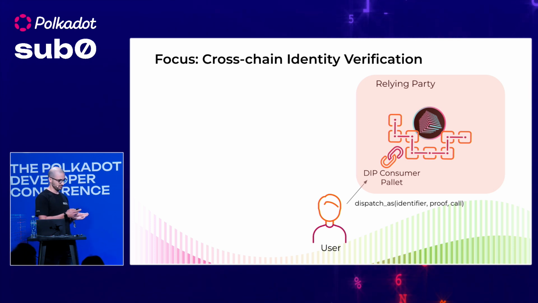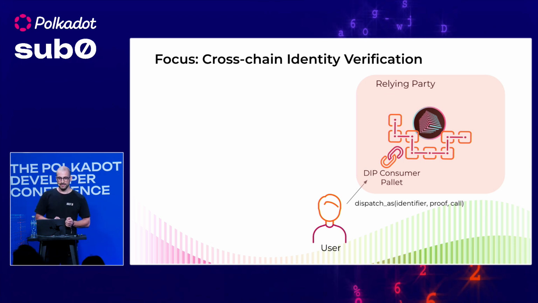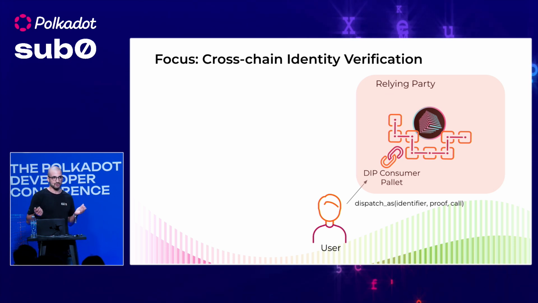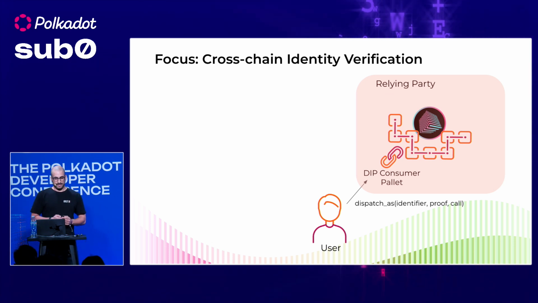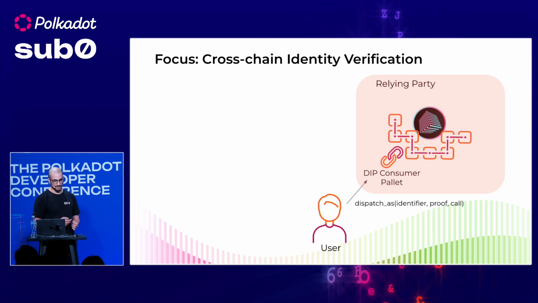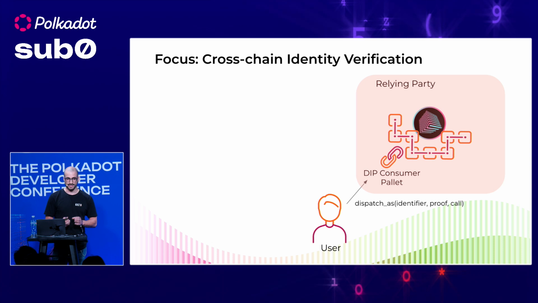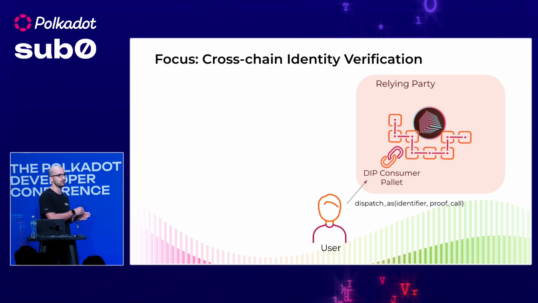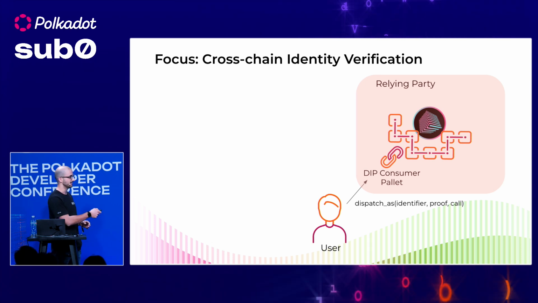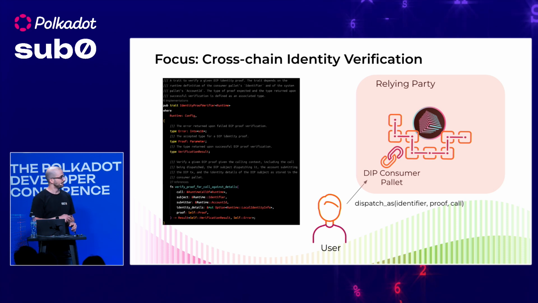In the case of the consumer pallet, this is a deep origin, which again is specified by the consumer. And in the case of the utility pallet, it is any origin available to the runtime. And if the proof is verified successfully, as the trait implementation returns, then the deep origin is created and passed to the nested call that is specified as part of this extrinsic in the last parameter there.